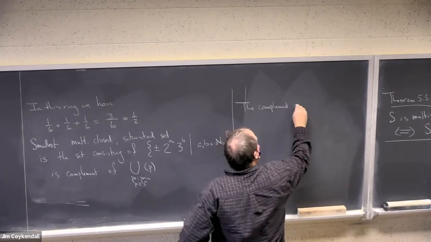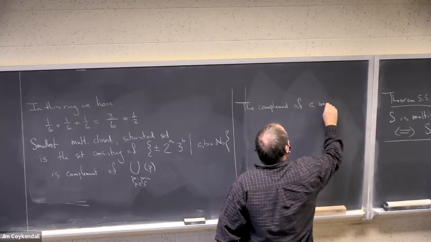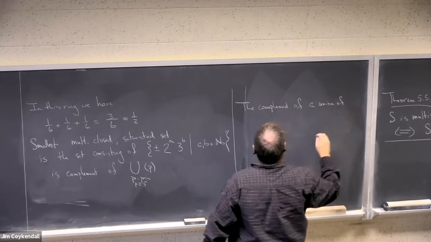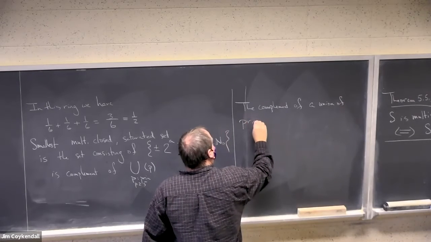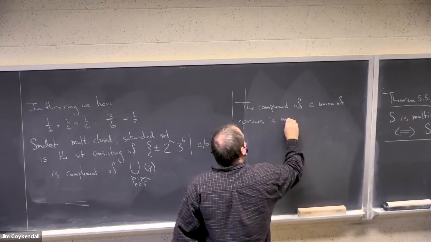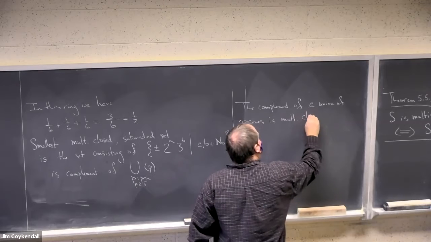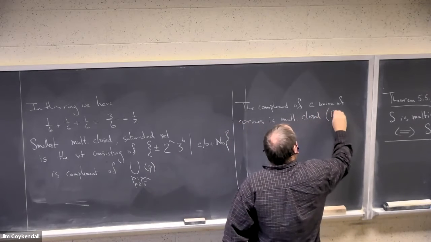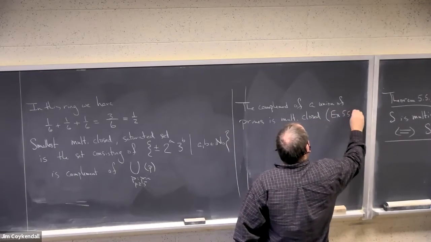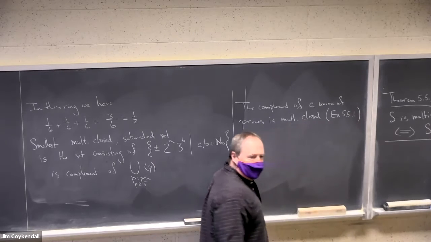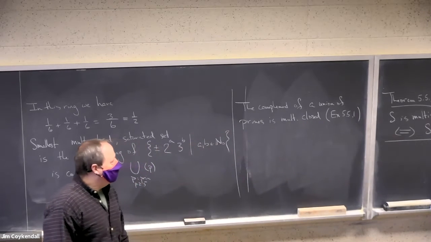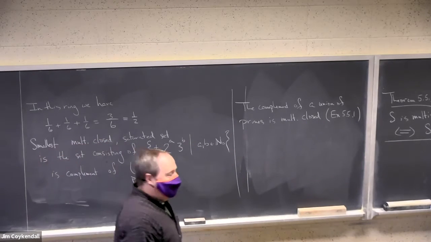Complement of a union of primes, with multiplicably closed, and 5, 5, 1. I'll show that, explain why that's a multiplicably closed set and saturated.